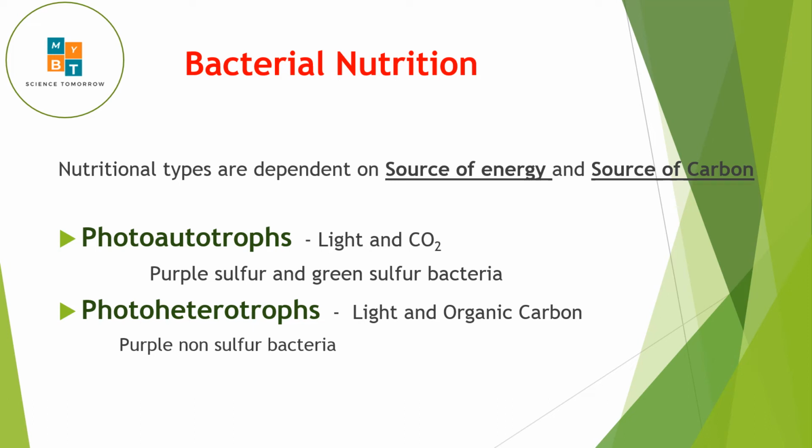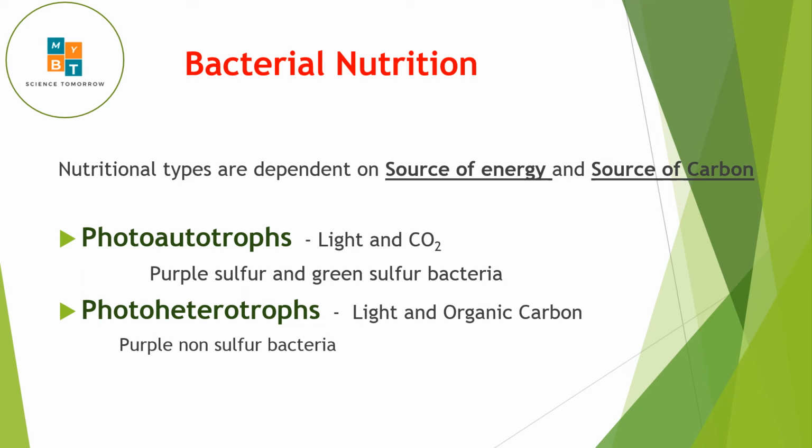Photoautotrophs use light energy and use inorganic carbon dioxide as the source of carbon. Examples are purple sulfur and green sulfur bacteria. They produce their own food using light energy.